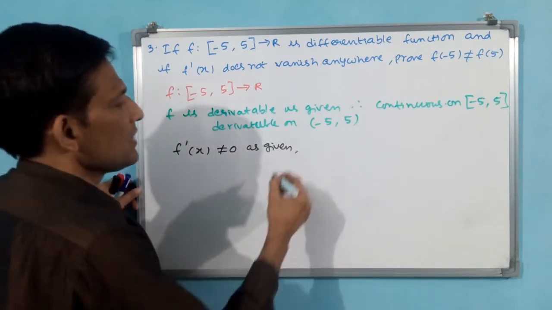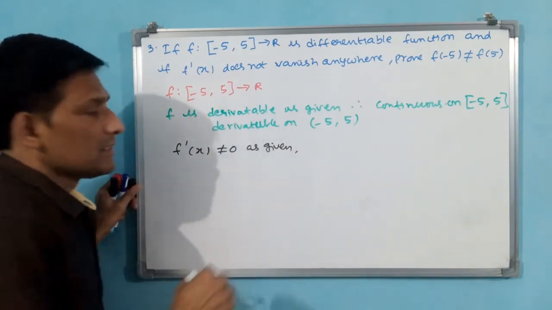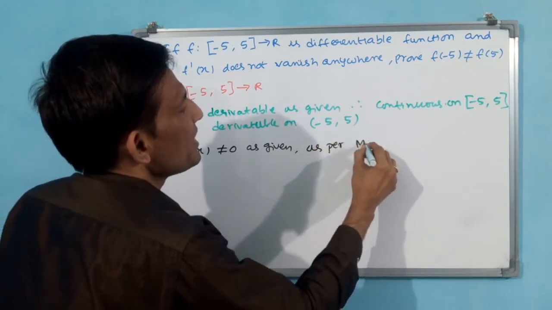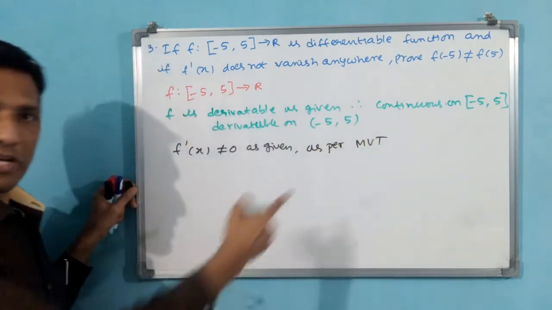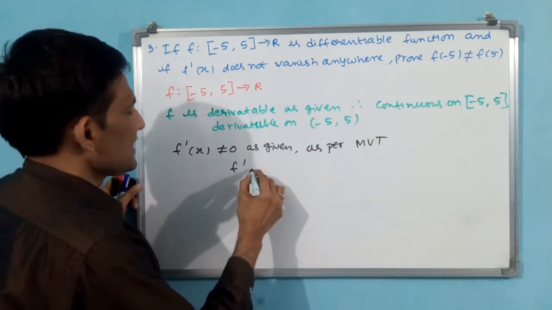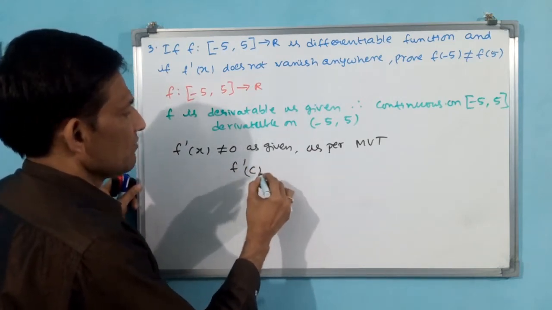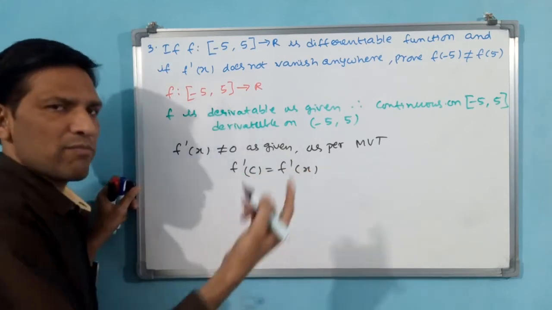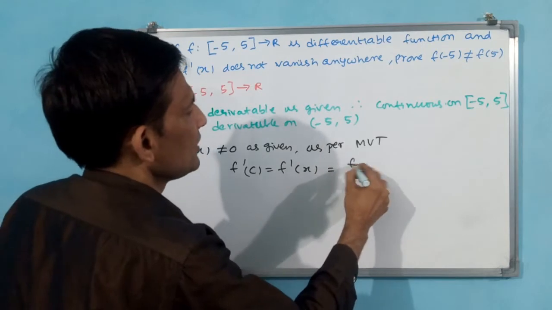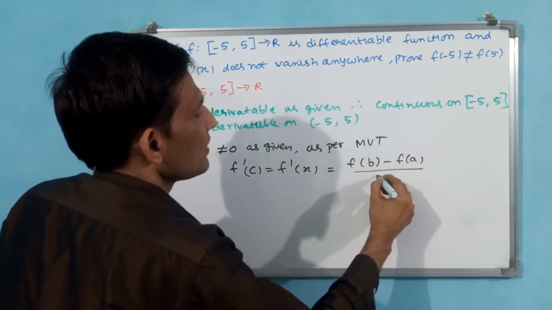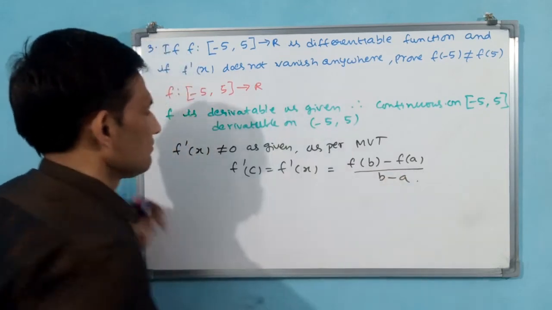Now, then what you have to write? As per the mean value theorem, MVT means mean value theorem, f dash c is equal to f dash x, where x may be c at any point. f dash x is equal to f of b minus f of a by b minus a.